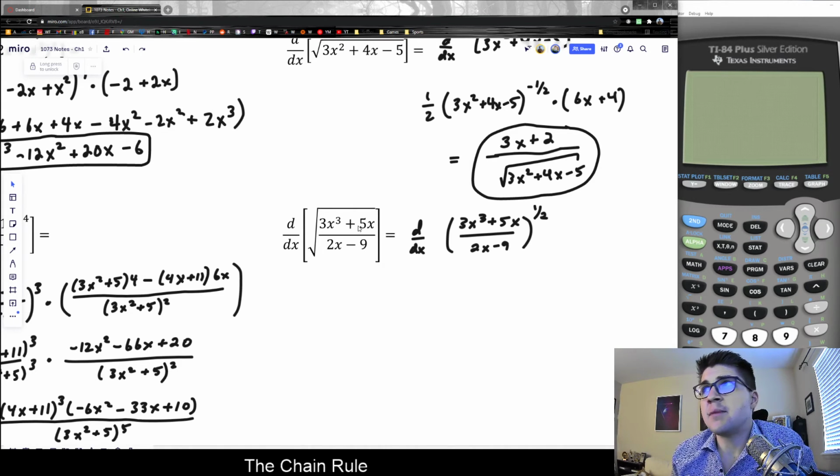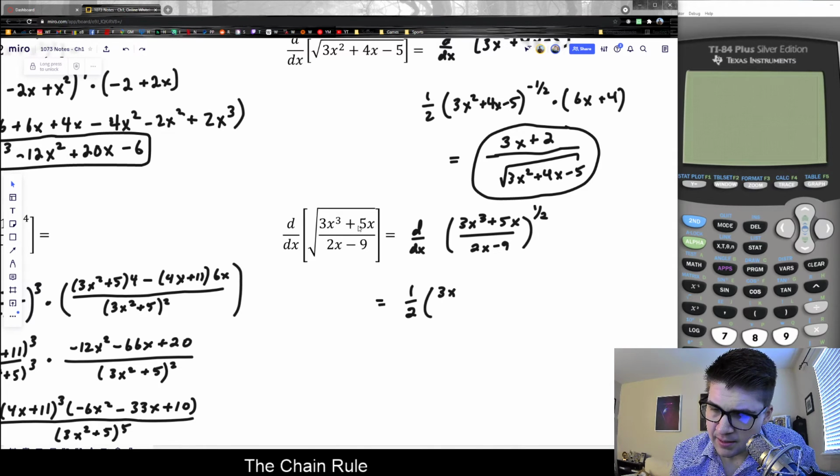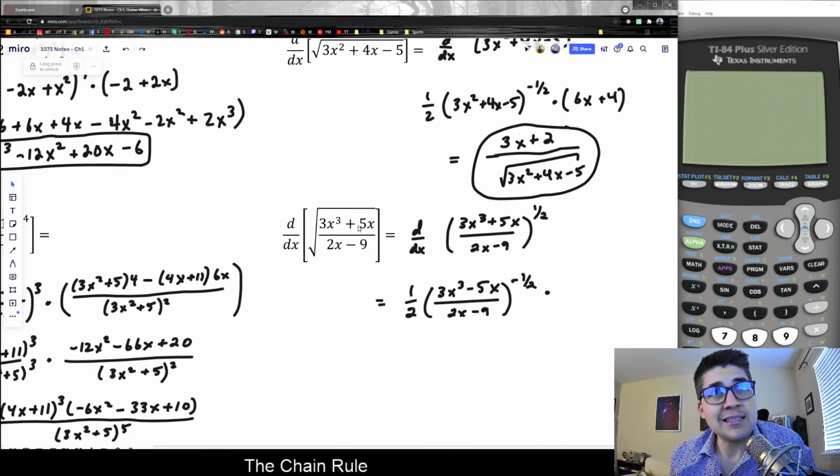In the same light, I could then use the extended power rule or the chain rule, which are really the same thing, where the derivative of the outside comes first. So drop the power and subtract 1, which would be negative 1/2. And the other part you can never forget: always multiply by the derivative of the inside. That is the importance of the chain rule.